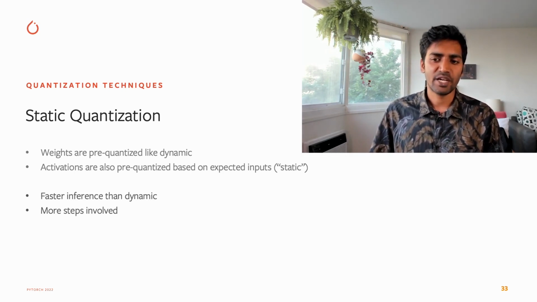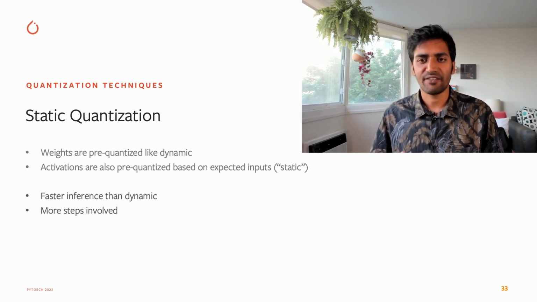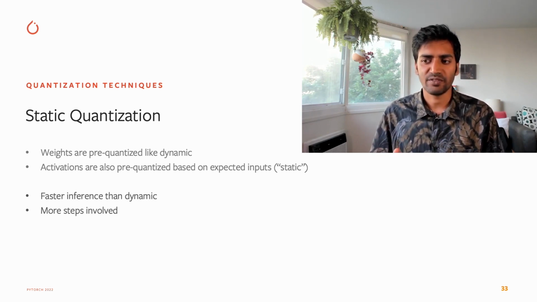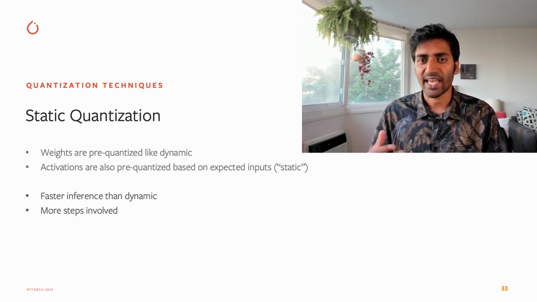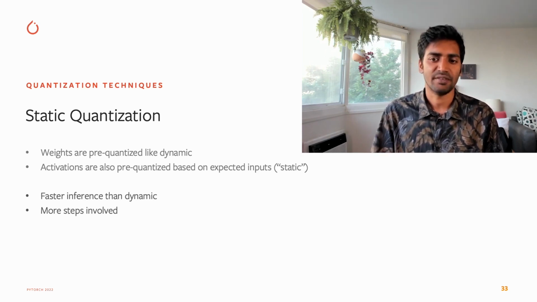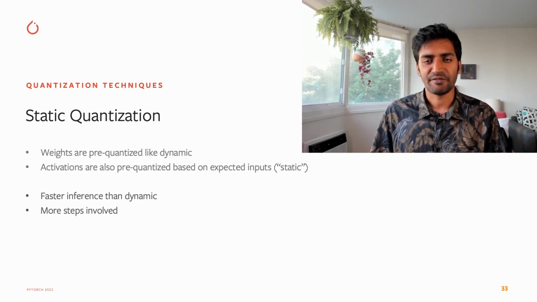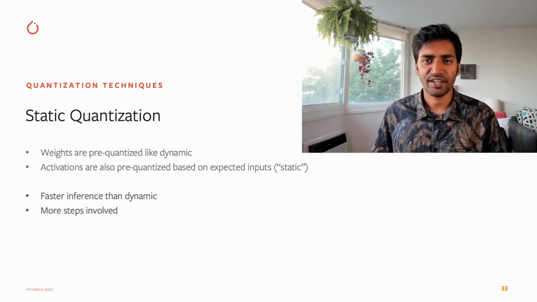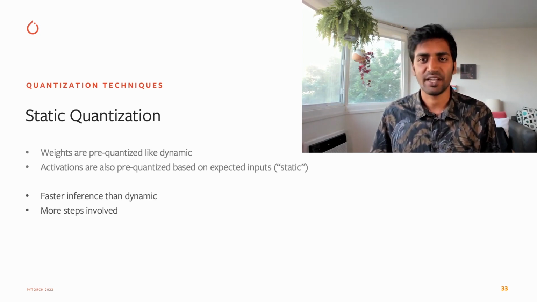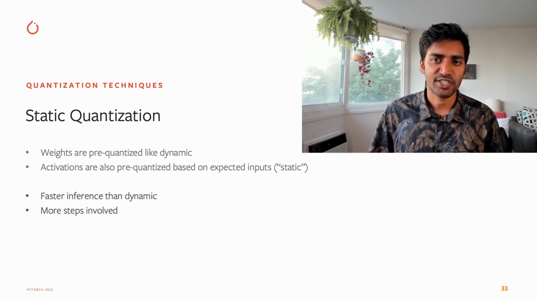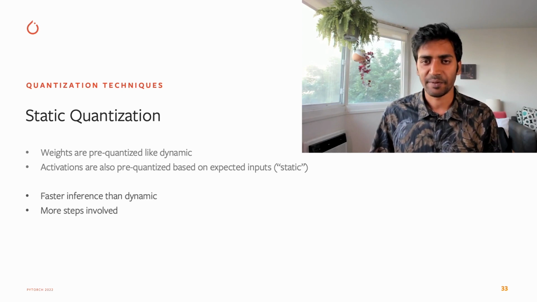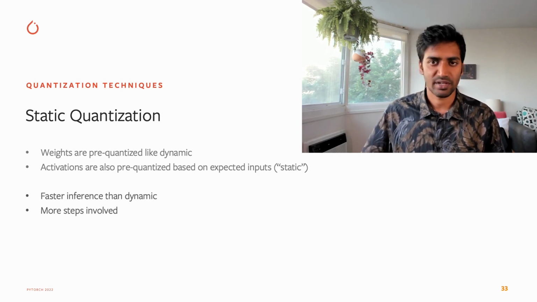When we say pre-quantized offline, we mean that we're going to calculate the Q params for the activations offline. So we are only doing the calibration step offline. To calibrate it, we use data that is representative of what we expect to see in production. Some examples could be using the validation set or even real data that you may have encountered in production.